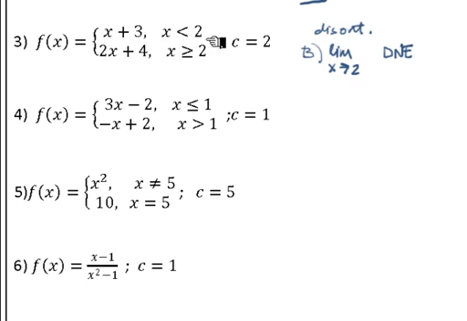Because when we took the limit from the left, we got that by substituting in 2 here, and we got 5. When we took the limit from the right, we substituted in 2 here, and we got 9. So they're different, so the limit doesn't exist. So in other words, B is not true, and since B is not true, we conclude not removable.